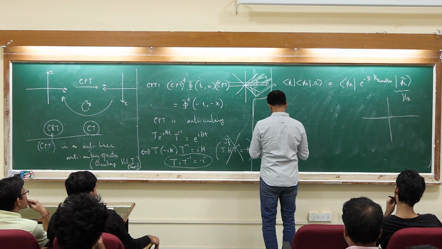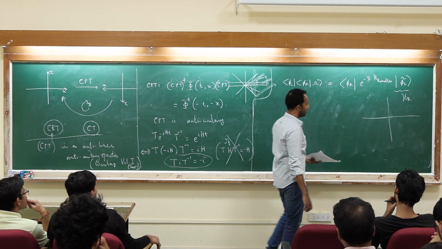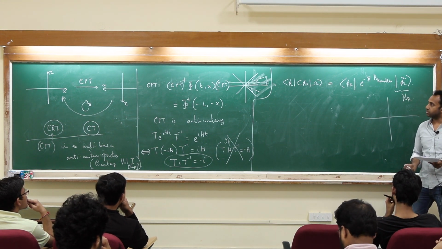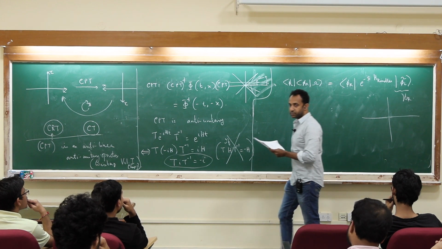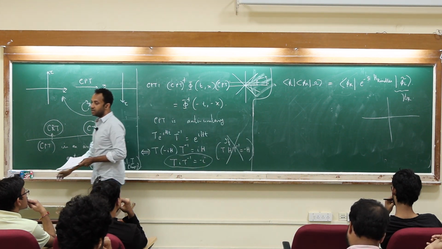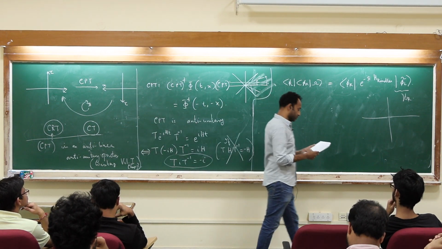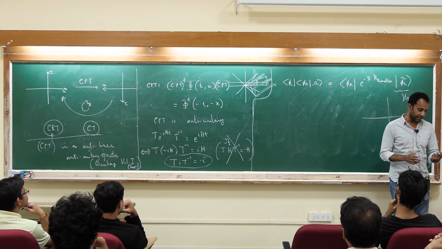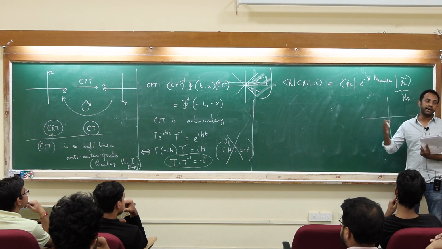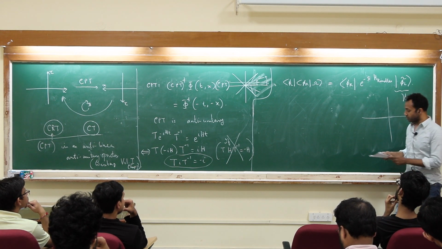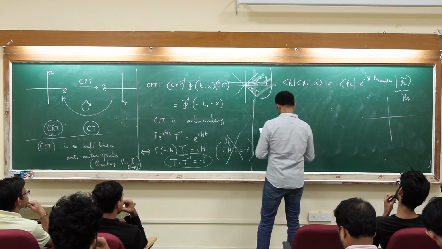Okay, so now let's compute this object. We had this guy, and what we want to do is write down this final expression, the vacuum state in Minkowski space, in terms of the two Hilbert spaces that we have on the left and right. So that's what we want to do. So let's do it.